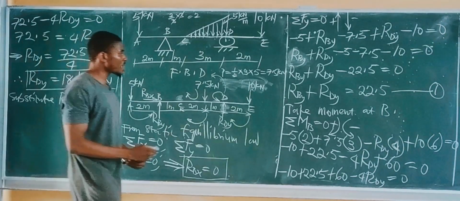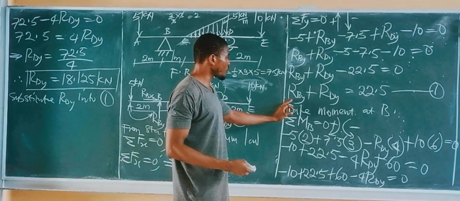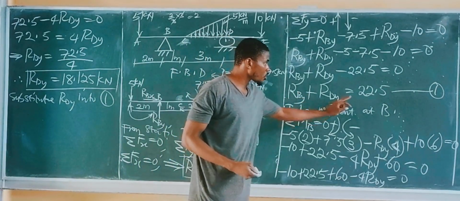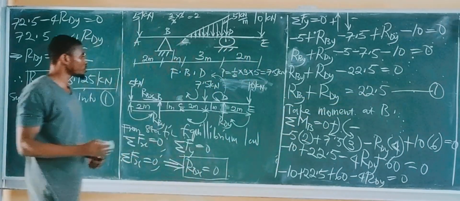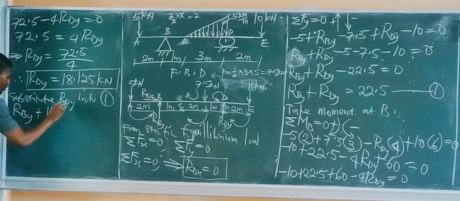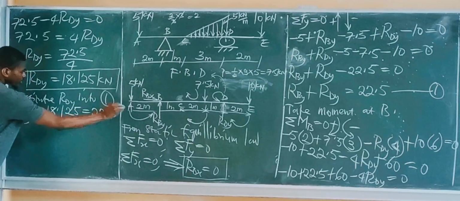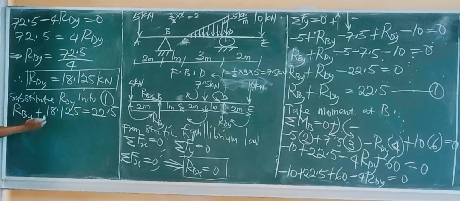From equation 1 we have RBY plus RDY equals 22.5. So we simply have RBY plus 18.125 equal to 22.5. To obtain RBY, simply send plus 18.125 over to this side. Positive sign, equal sign becomes negative.